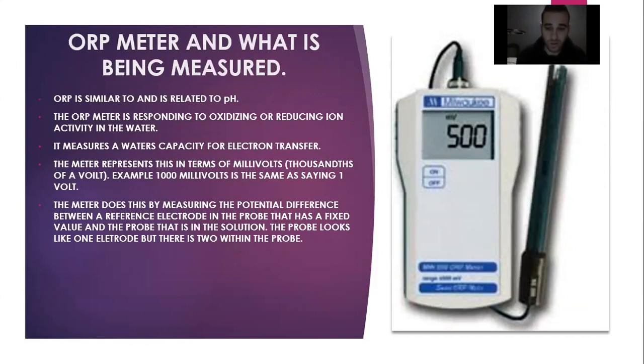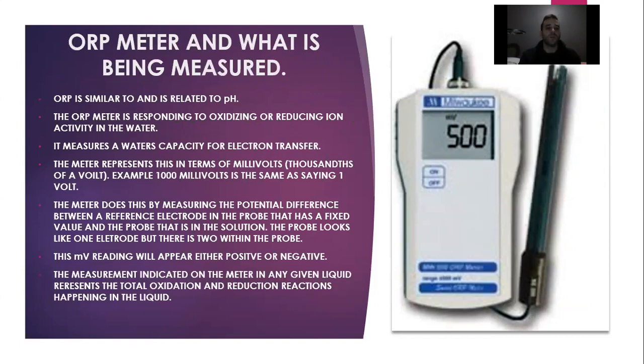So calibrating your ORP meter before your demonstrations is necessary and crucial. This millivolt reading will appear either positive or negative, as we already went through. Now, the meter doesn't have a positive sign that pops up.